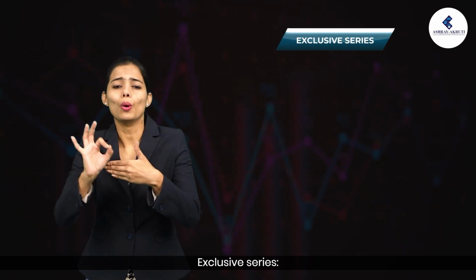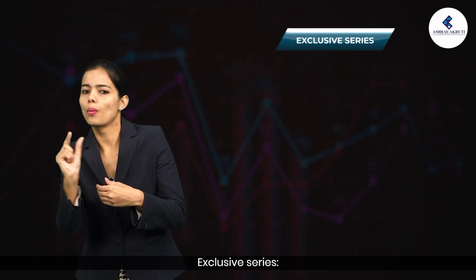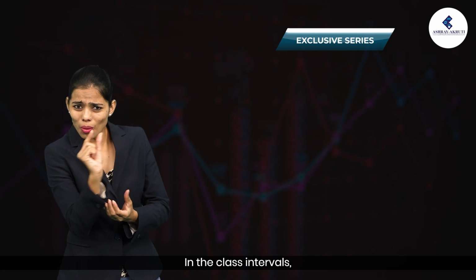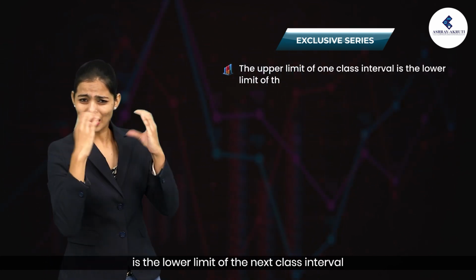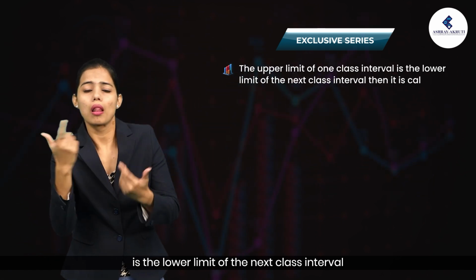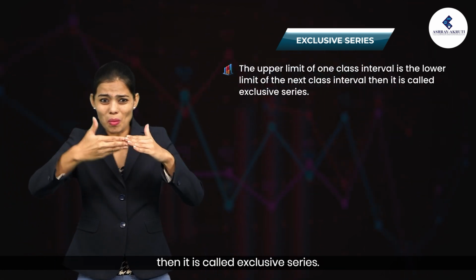Exclusive series. In the class intervals, if the upper limit of one class interval is the lower limit of the next class interval, then it is called an exclusive series.